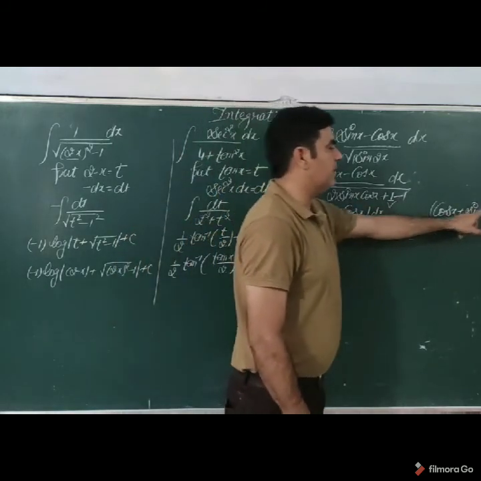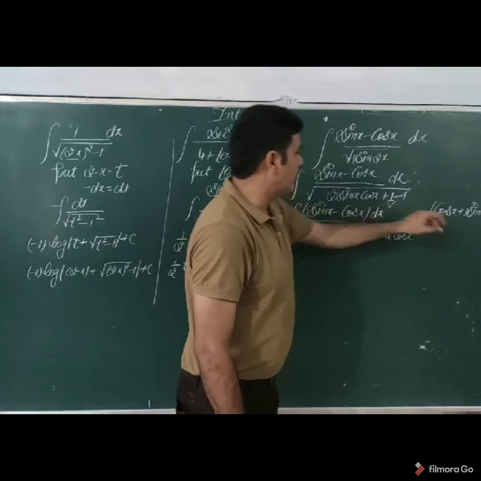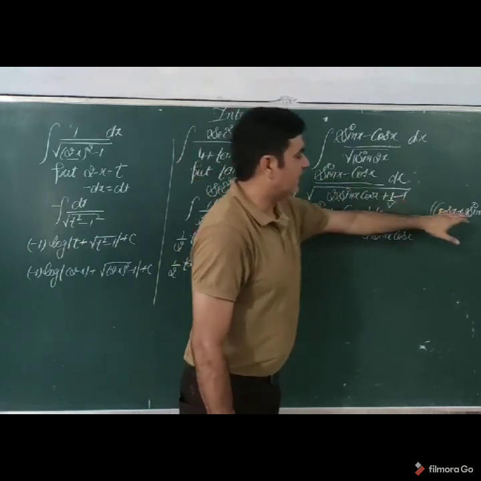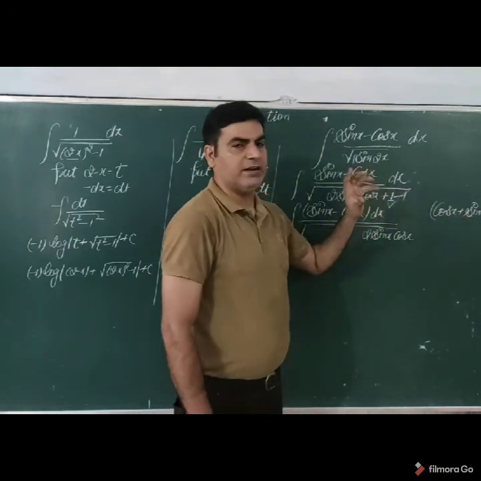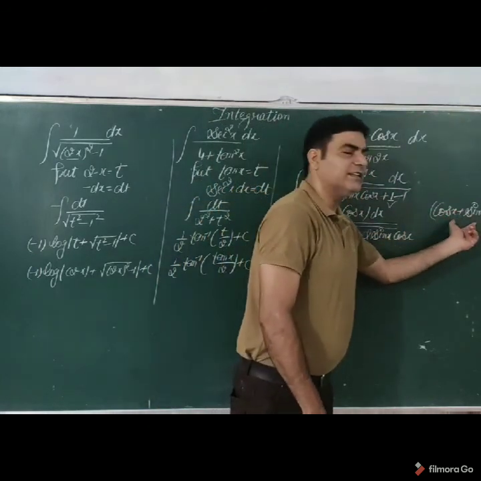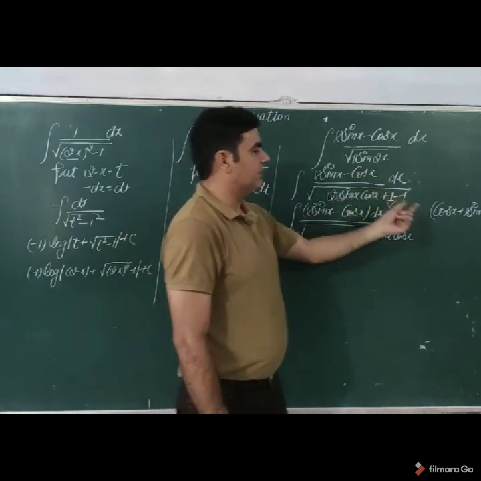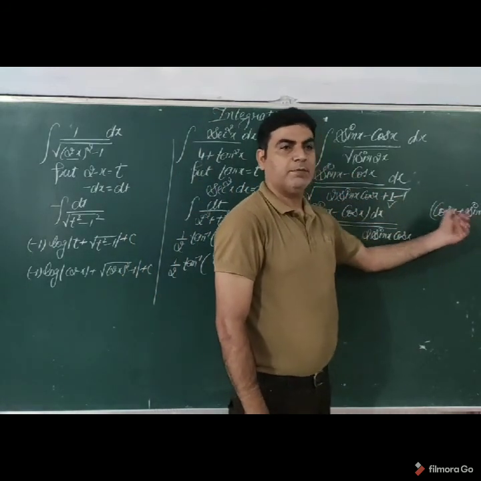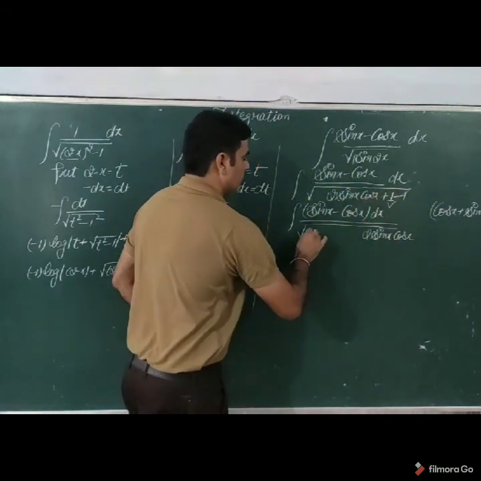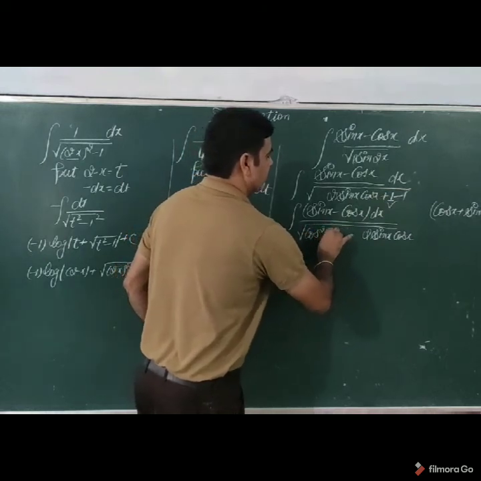We get a plus b whole square. The derivative of cos x becomes minus sin x and the derivative of sin x becomes cos x. Simple reversal. It means we need this form. When the derivative contains one positive and one negative, then we make the positive a perfect square. So changing this 1 into cos square x plus sin square x.